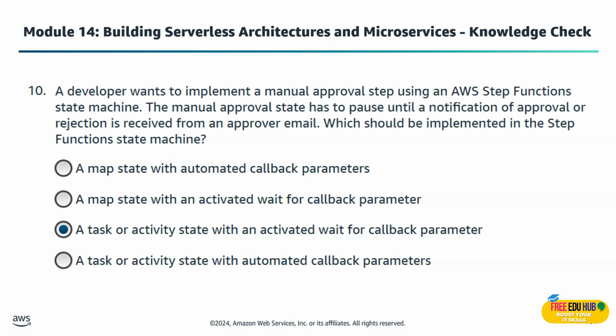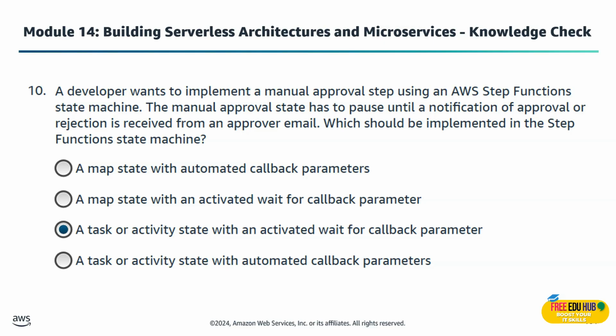And finally, the last question, a developer wants to implement a manual approval step using the AWS Step Functions state machine. The manual approval state has to pause until a notification of approval or rejection is received from an approver email, which would be implemented in the Step Functions state machine.